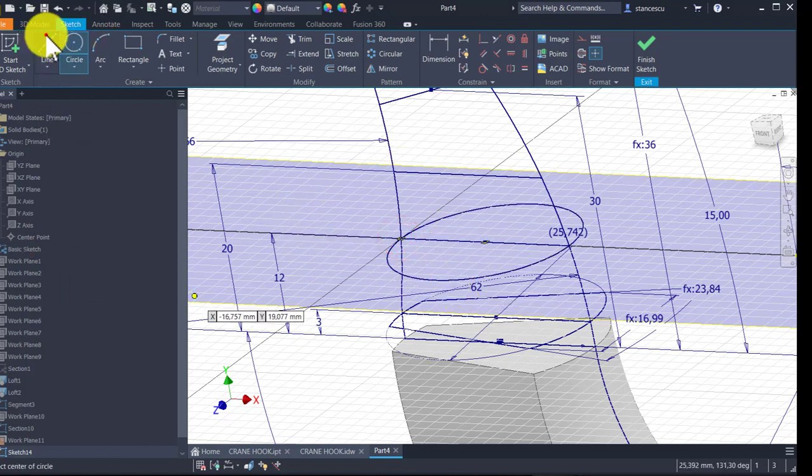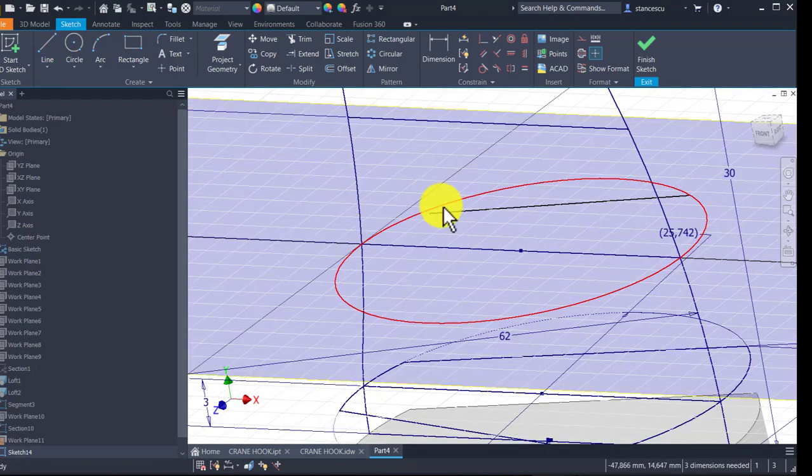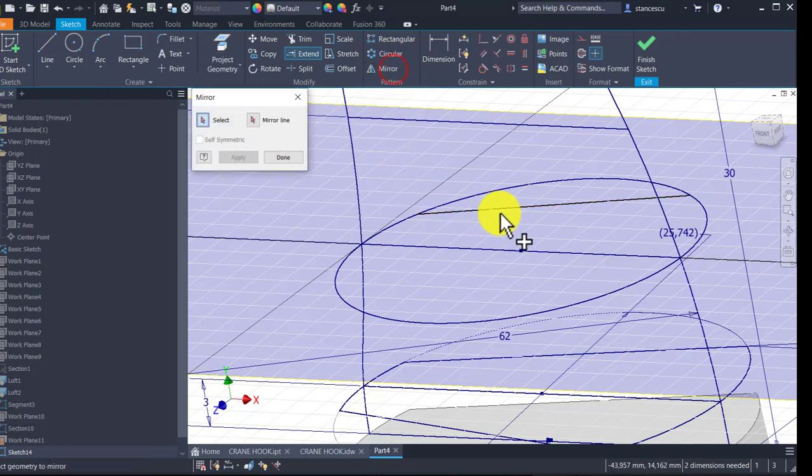Lines. This is not good. Extend and go there. Mirror this line about the diameter. Apply.